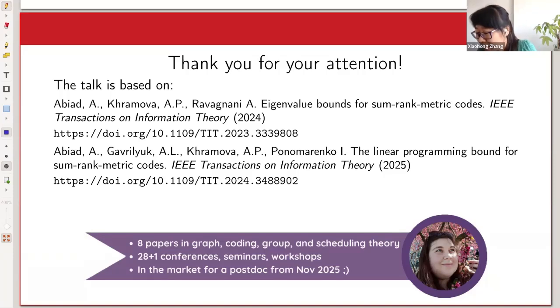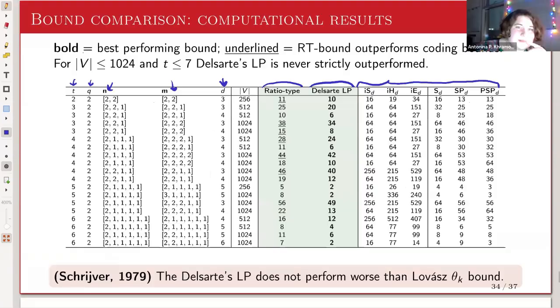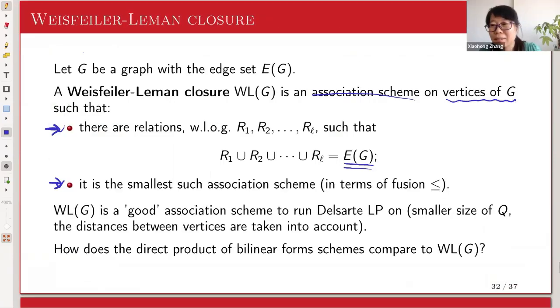When you mentioned the good fusion scheme, the sum-rank metric graph is the Cartesian product of some bilinear form graphs.